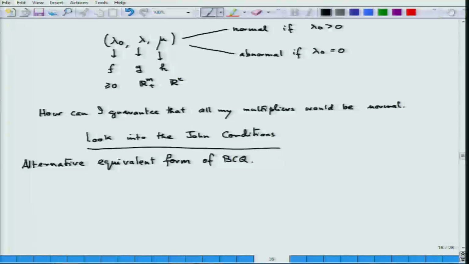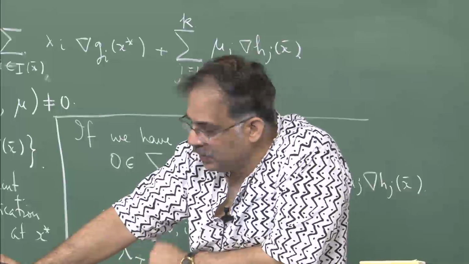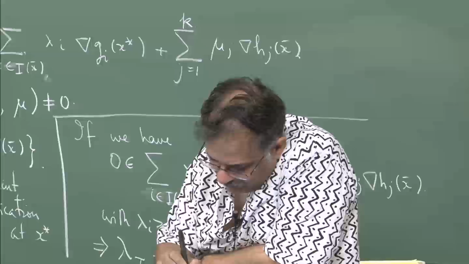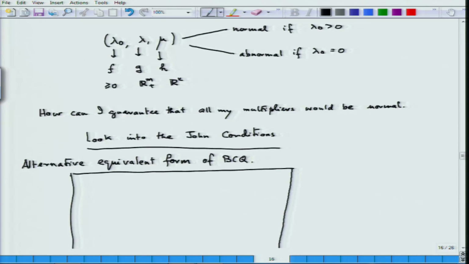So what is the meaning of this, how to get this alternative equivalent form? Let me write down the alternative equivalent form first, and then we will see how to obtain that. We say that MFCQ, CQ means constraint qualification, MF is Mangasarian-Fromovitz.